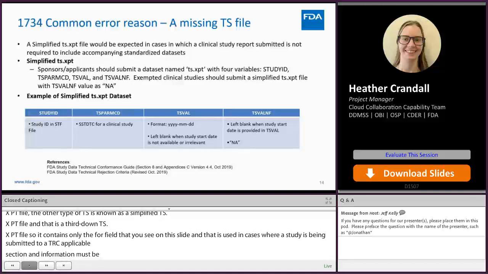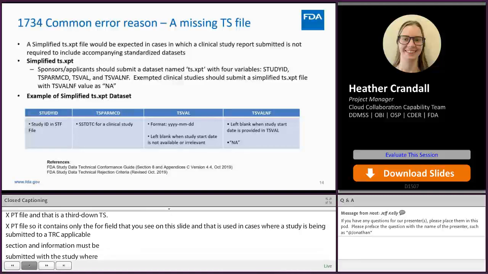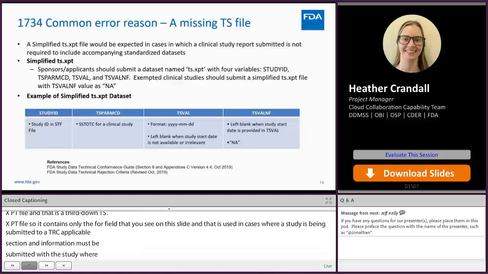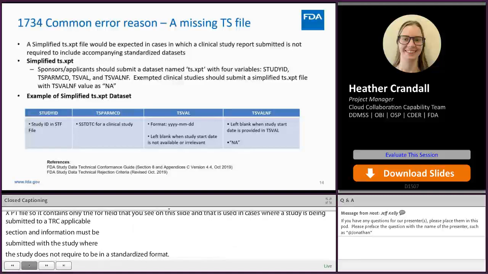There's more information about when this would occur and what the expectation is around a simplified TS in the TRC documentation, as well as the Study Data Technical Conformance Guide.